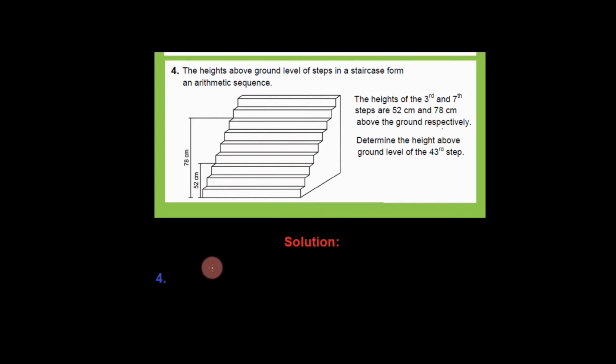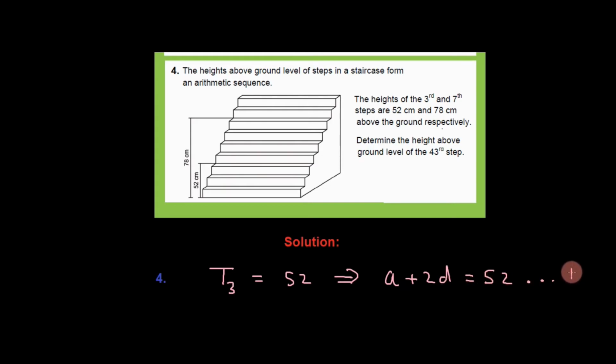So that would be the 3rd term and the 7th term respectively of this arithmetic sequence. So t sub 3 is 52, and hence, writing this equation in terms of a and d, a plus 2d equals 52.